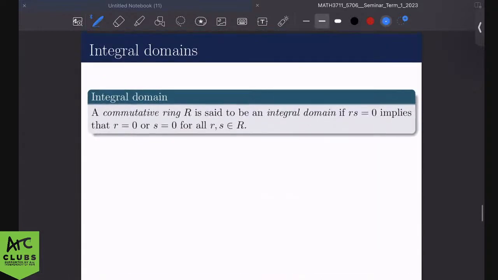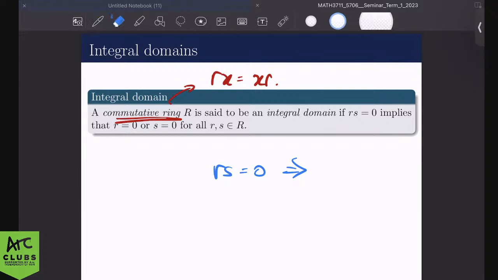All right, let's have a quick look at integral domains. So a ring, a commutative ring, we can only do this for commutative rings, which means multiplication is commutative, so Rx equals XR. It's going to be called an integral domain if the product RS being equal to 0 implies, as it does in normal integers or normal real number algebra, that R equals 0 or S equals 0. And this is also sometimes referred to as the no zero divisor property.